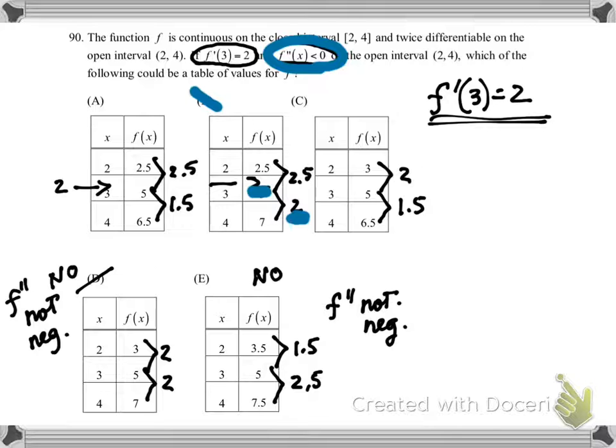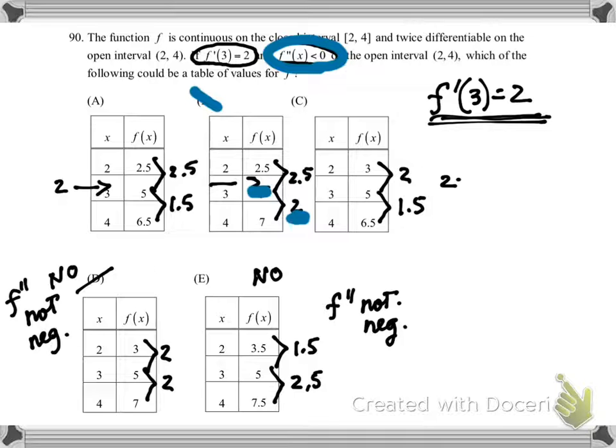And then for C, look at C. From 2 to 3, it's a 2. And then they tell us that at 3, it's also a 2. So it can't happen like that. You can have a 2 and a 2, because that means it's not decreasing. You understand what I mean?